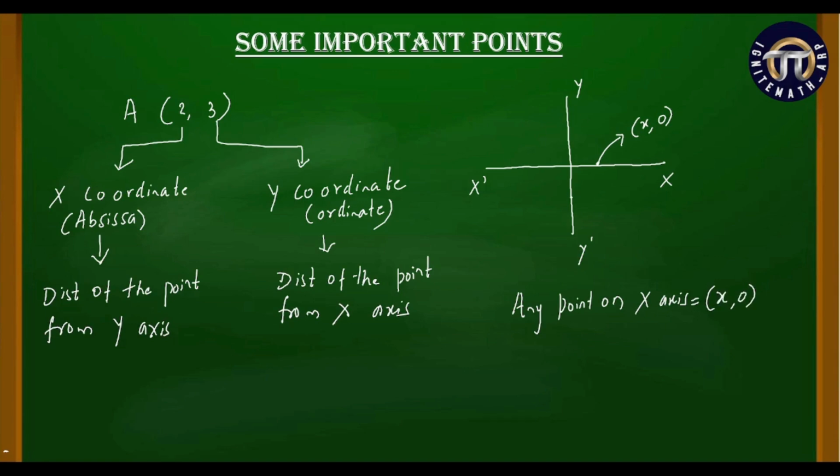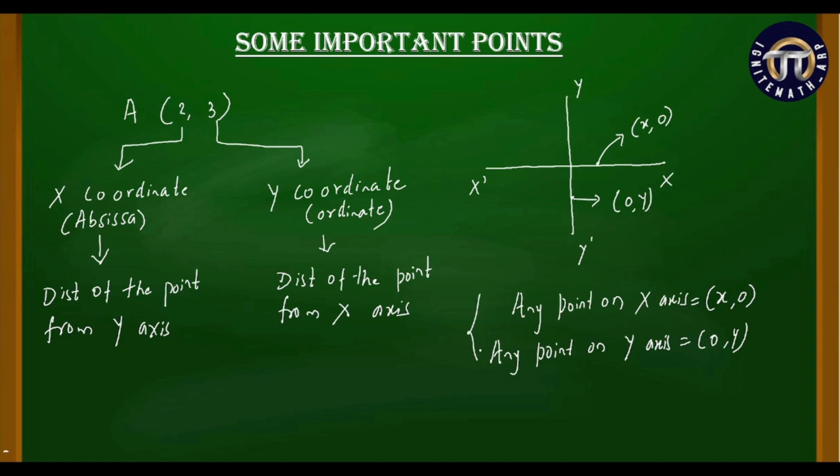Suppose I have any point over here, the x coordinate of this point is 0 and y coordinate will be some number, negative number in fact. So any point on y axis has the coordinates (0, y). Keep that in mind, children. Very, very important. Some of the questions will be asked on these concepts also.